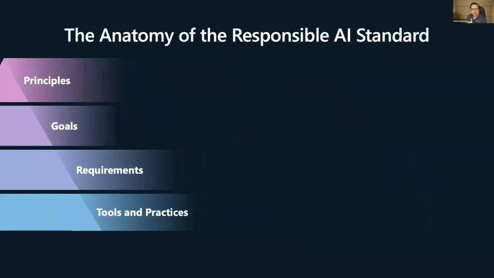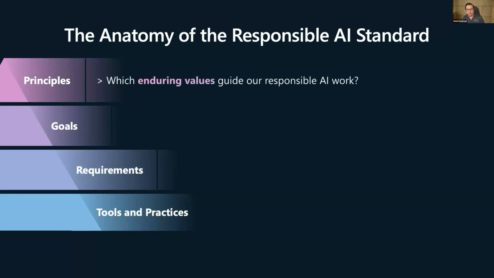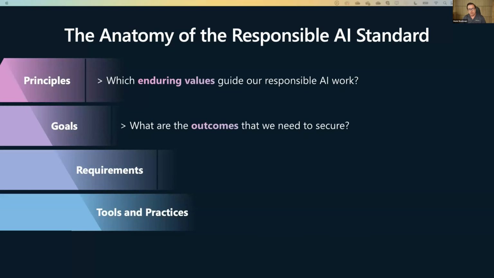The way we do this is that principles specifically tell us what enduring values we want in our systems and then set our goals and outcomes. For example, if we take our responsible AI standard, which I'm going to talk about in a few seconds, if we look at the principle of fairness, we break it down into 3 goals. The first goal is to ensure that AI systems are equally accurate for different groups of people.